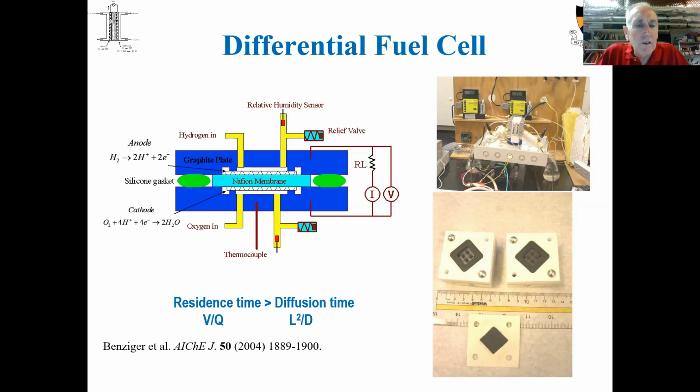And if we kept the residence time for flow through these open plenums large compared to the gas phase diffusion time, which scales as L squared over D, then the concentration within the plenum is uniform. You'll have reasonable mixing by diffusion so that you'll have uniform composition in each of these plenums.